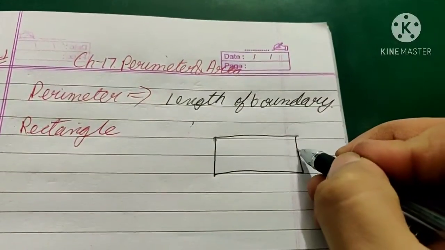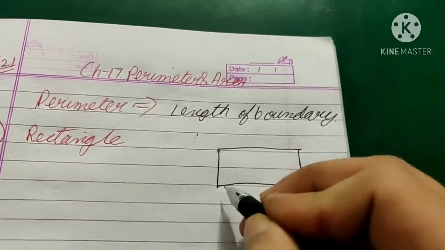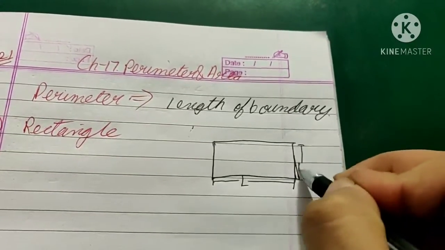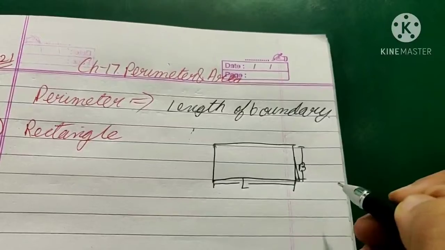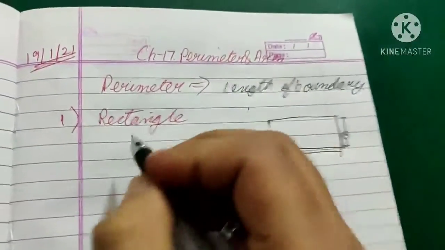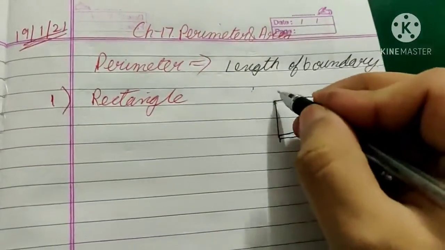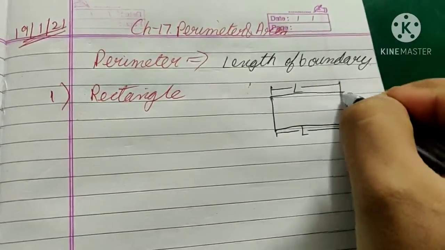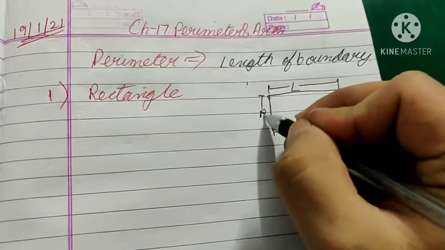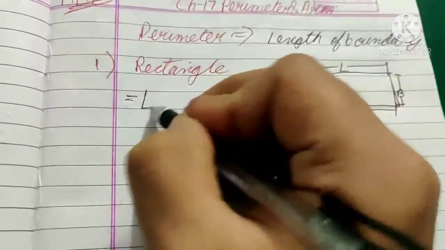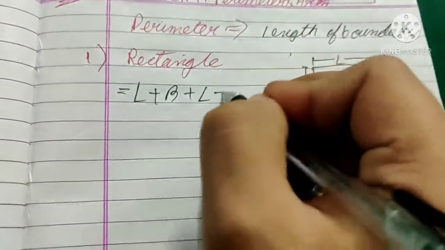This is the length, and this is the breadth. This is also the length of the figure, and this is also the breadth of the figure. For the length of the boundary, there are 4 sides: length plus breadth plus length plus breadth.